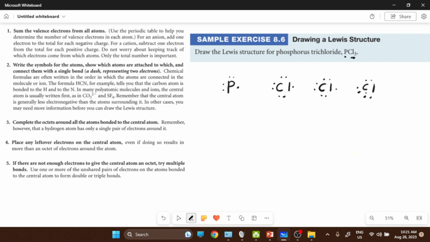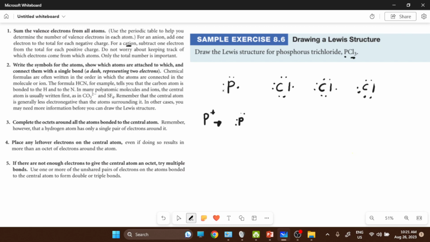Ayan. And then, we can see here, the idea of this is: what if a cation is present and an anion is present? Let's say, for example, if phosphorus has a positive charge, remember this is just hypothetical, therefore, ang number ng Lewis dots niya is just 4 only. Why?